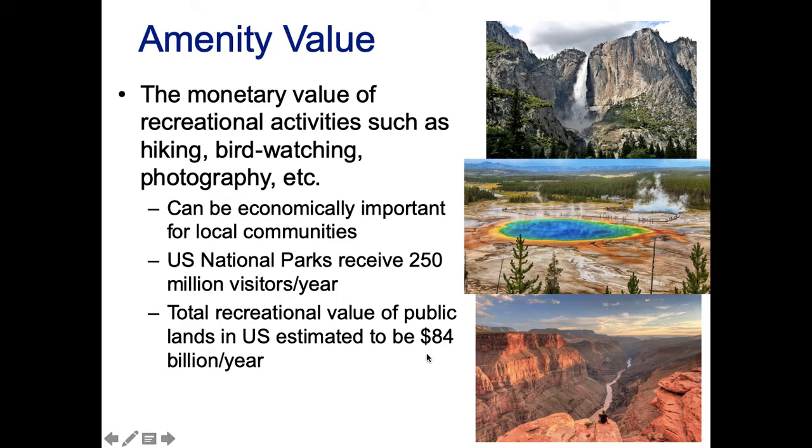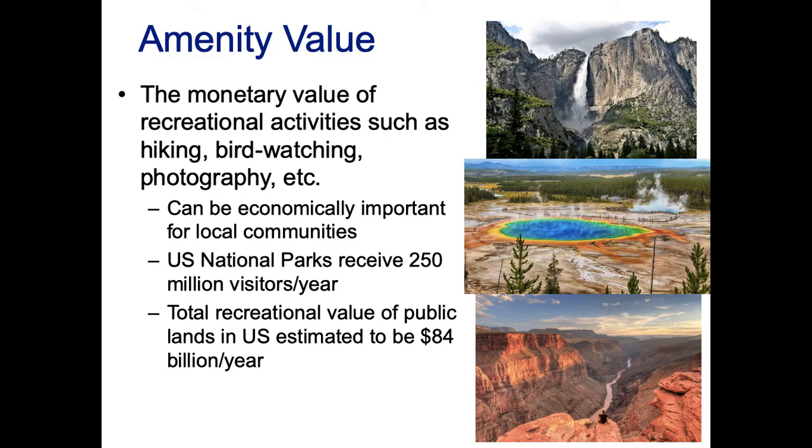And so amenity value is the monetary value of these recreational activities, including hiking, bird watching, photography, and they can be really economically important for local communities. So restaurants and hotels and grocery stores, souvenir shops, things like that are right near places that people want to go visit.